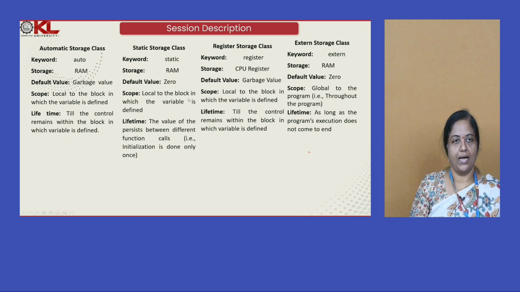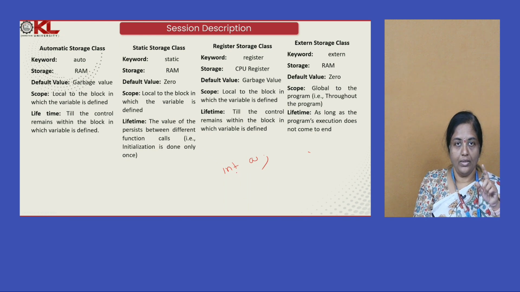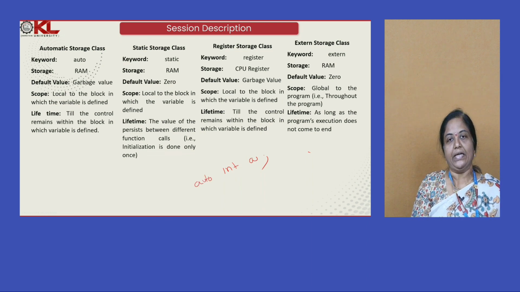First let me start with the automatic storage class. All these keywords must precede your declaration. The basic declaration to declare an integer variable is int a, and all these storage class keywords must precede it. Suppose if I want to make this an auto, that keyword must precede the variable declaration.